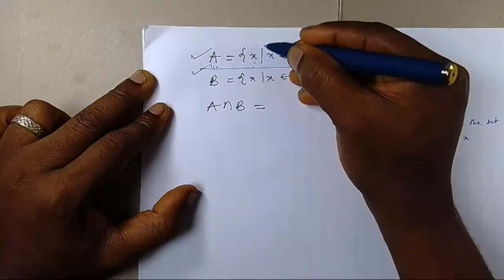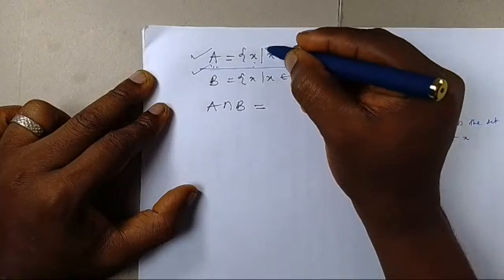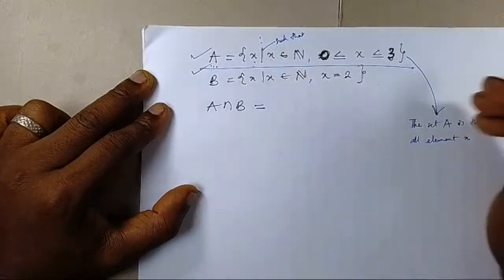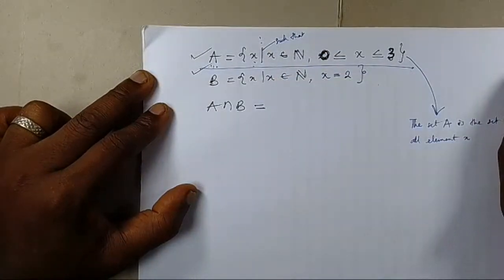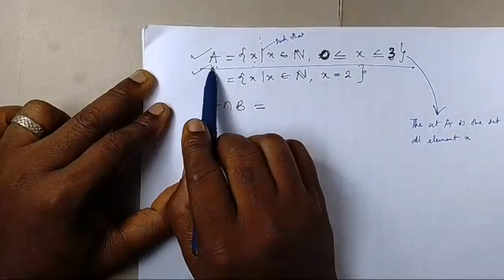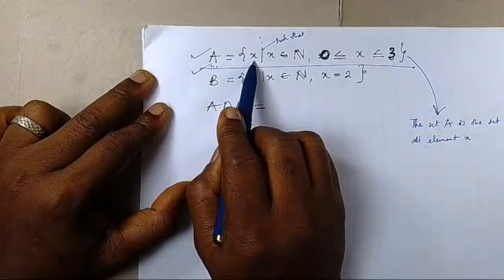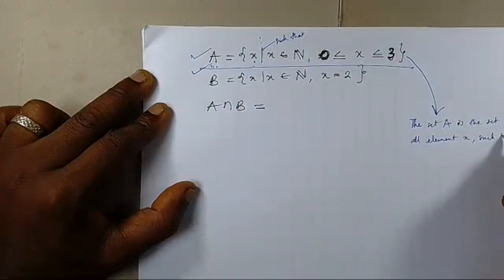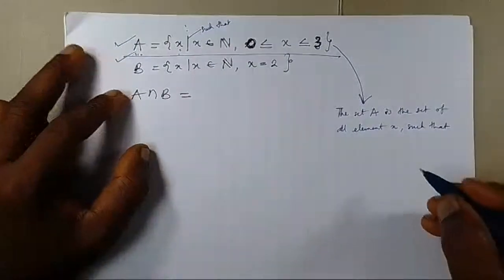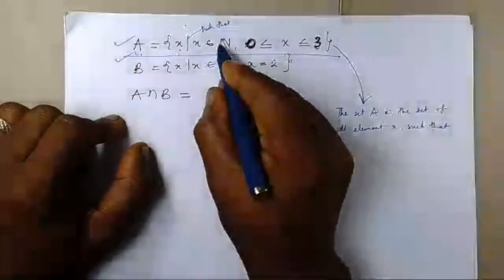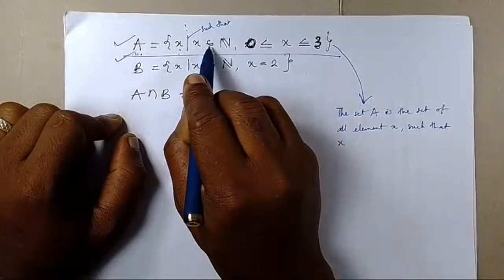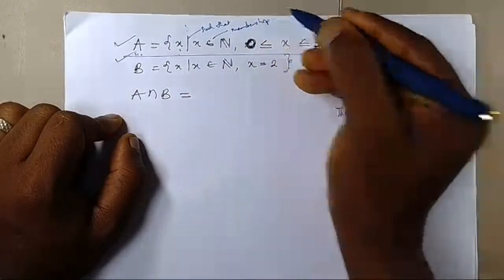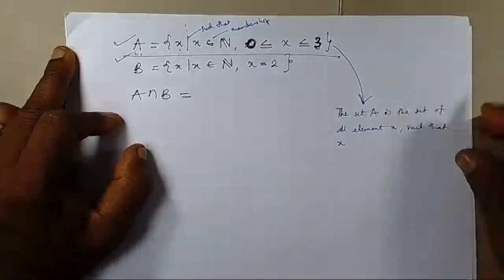Now, this bar in set theory is read as "such that." So whenever you see a bar or a colon, they are read in set theoretic notation as "such that." So let's go over it again. The set A is the set of all elements small x such that x, this symbol here is called the membership symbol, and it is read as a member of, or an element of, or a component of.